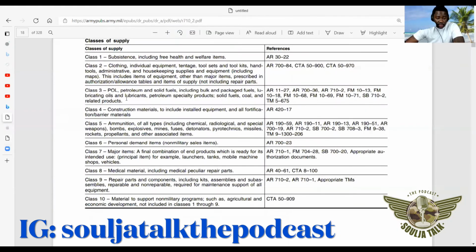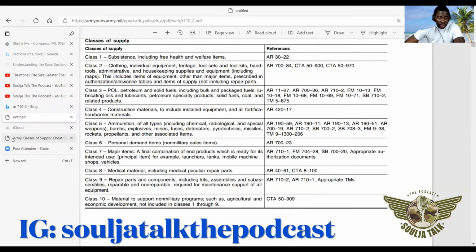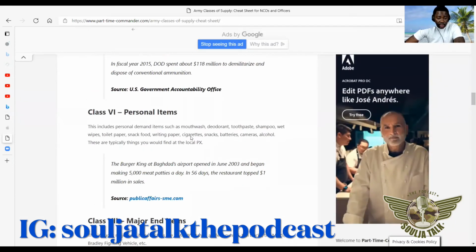So class 6 would be your personal demand items, non-military sales items, and you can find that in AR 700-23. So class 6 is personal items.